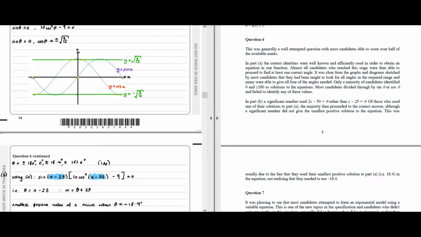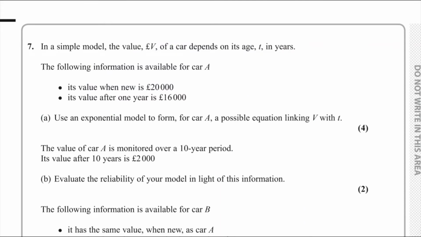Of those who used one of their solutions in part A, the majority then proceeded to the correct final answer. Although a significant number did not give the smallest positive solution to the equation, this was usually due to the fact that they used their smallest positive solution in part A, in other words the 18.4, in the equation, not realizing that they needed to use the minus 18.4, as we discussed.